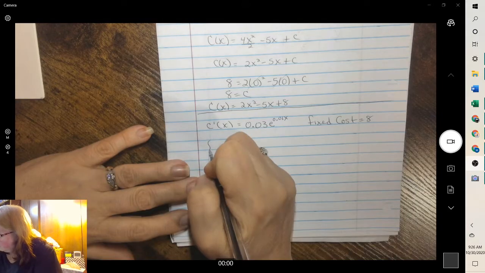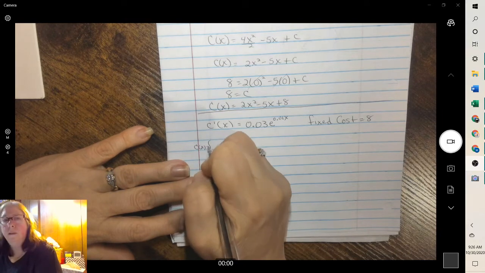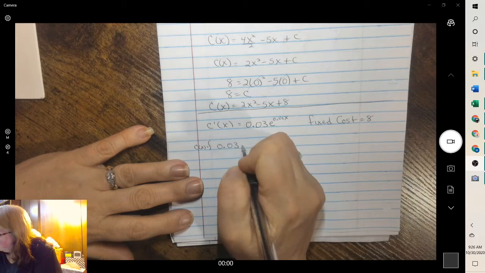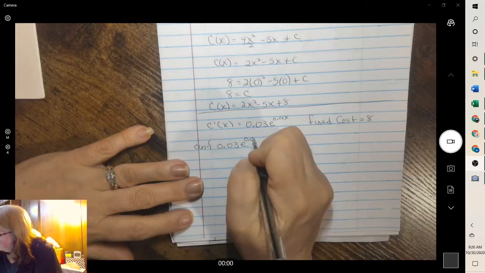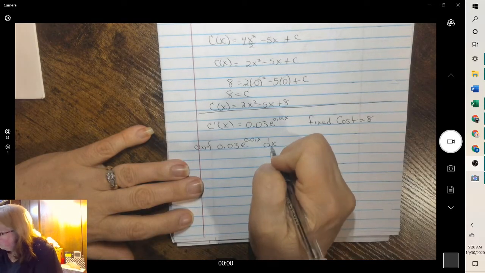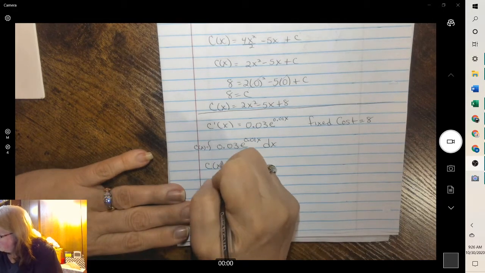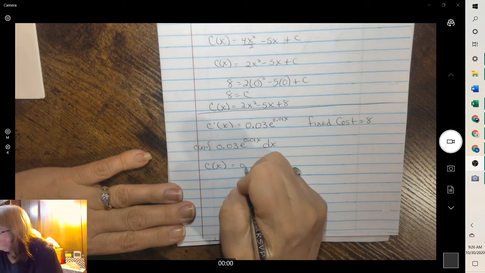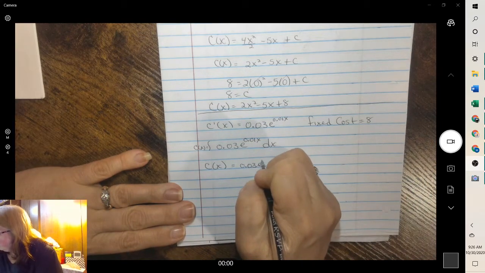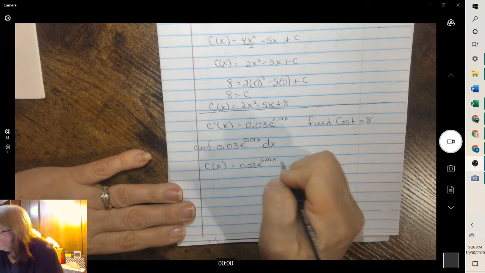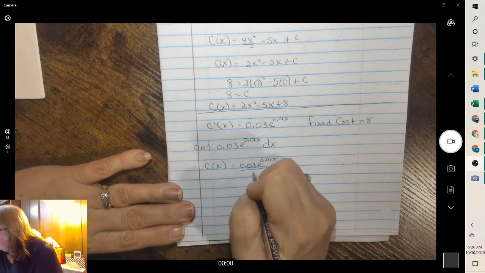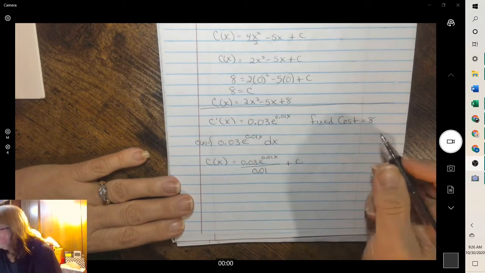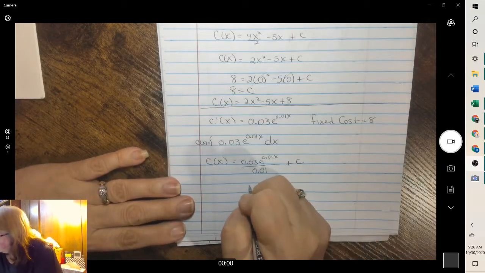First, take the integral to find C of x. When we take the integral, the exponential stays the same. But then we divide by the derivative of the exponent, which is 0.01, plus our constant. And if we divide these, we get 3.